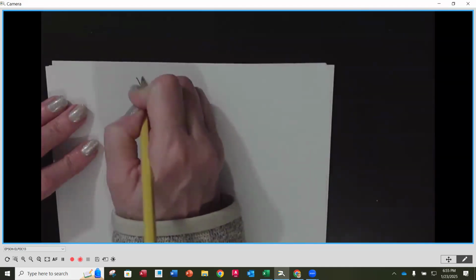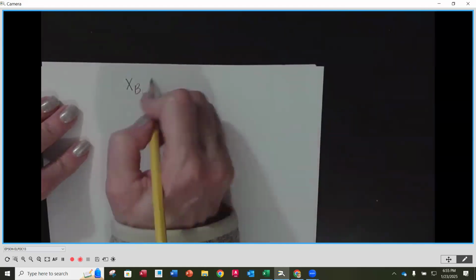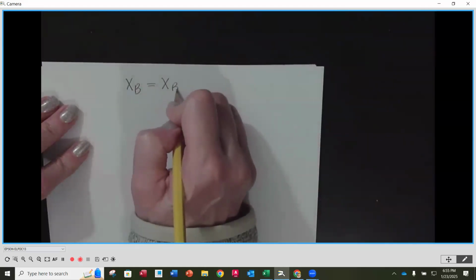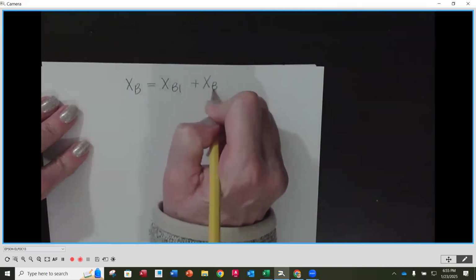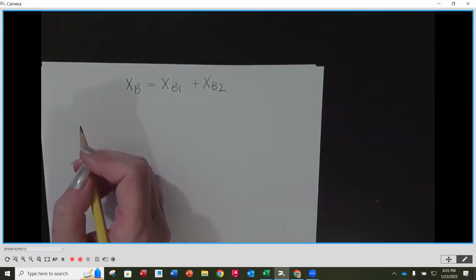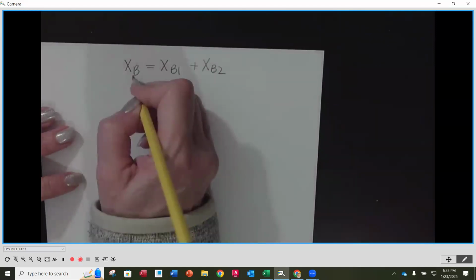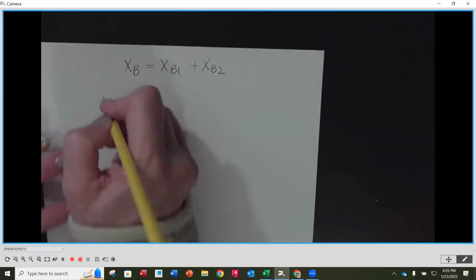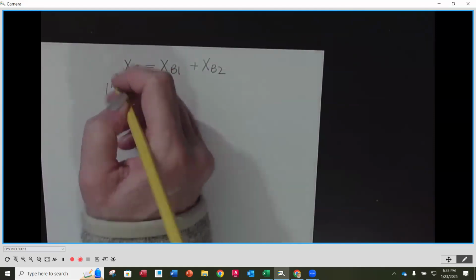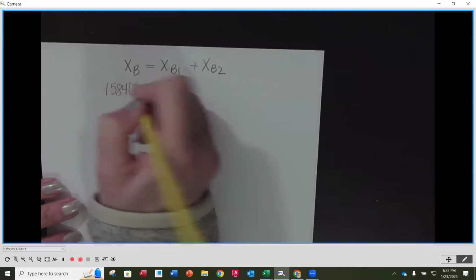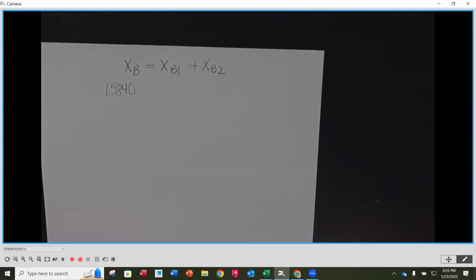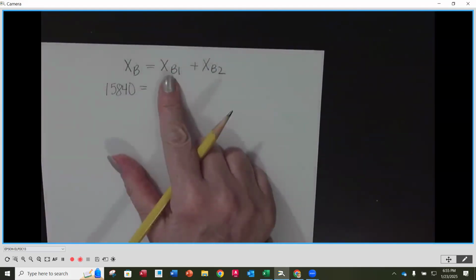I can say that XB, which is the overall to 3 miles, is equal to XB1 plus XB2. Now we're going to do our substitution. I know that XB, the 3 miles, is 15,840, no units, and that is equal to XB1.